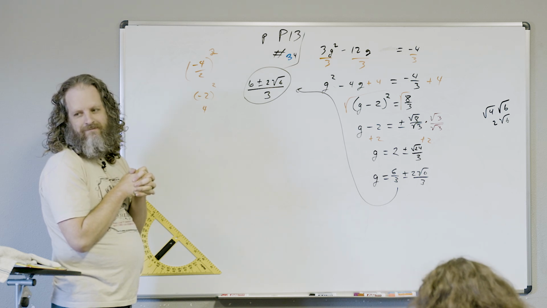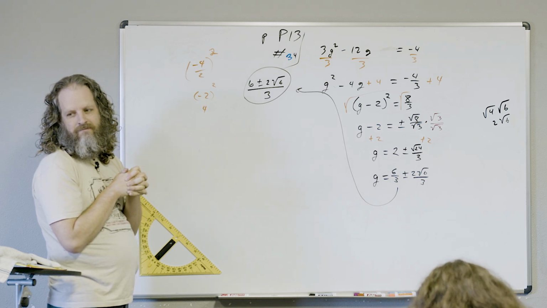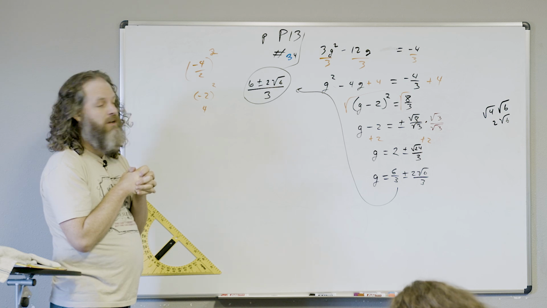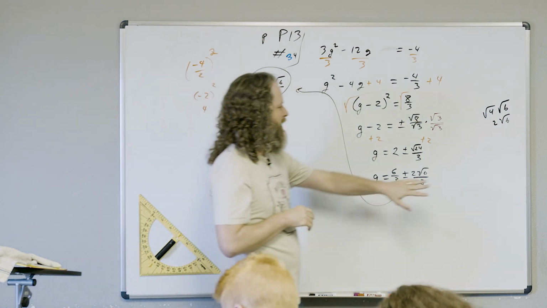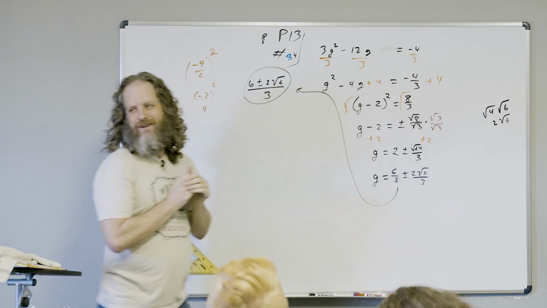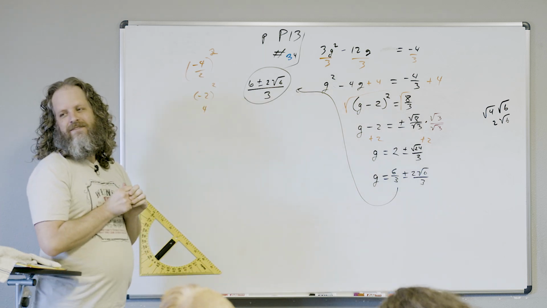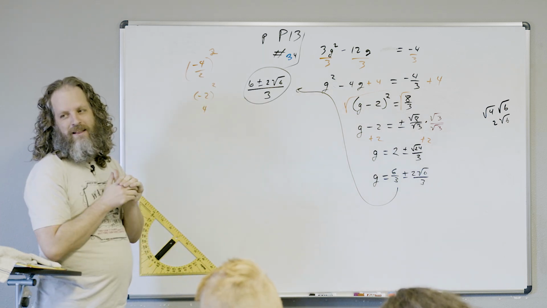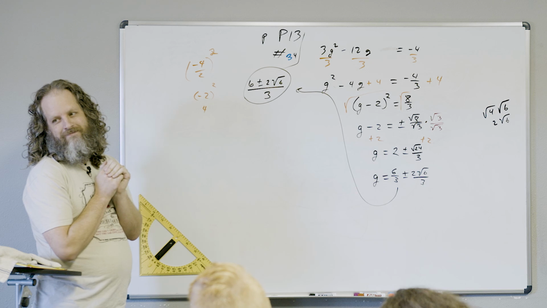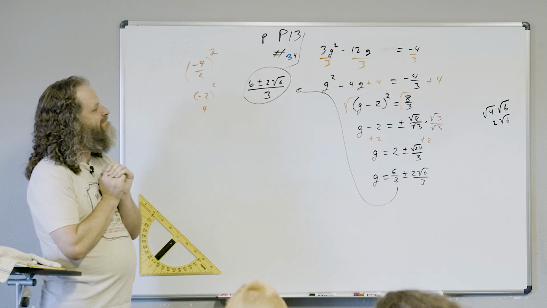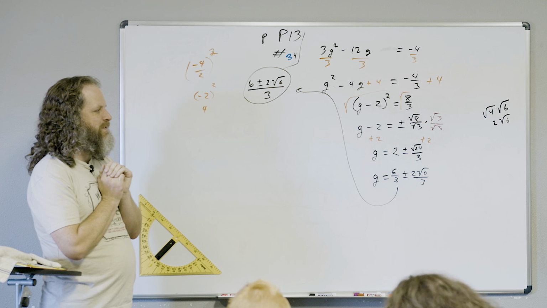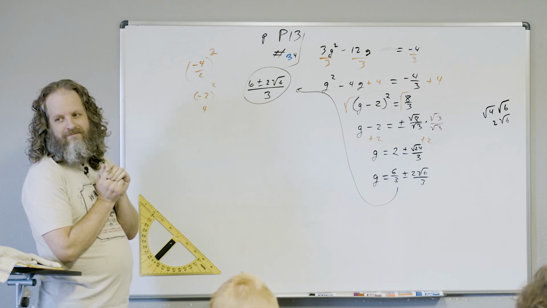Like if you had a 3 on the bottom over there and then a 7. It still can, because you could multiply this one times 7 over 7 and this one times 3 over 3, and then they would both be over 21. So it's just ugly and terrible. It's likely that a textbook problem is not going to do that.